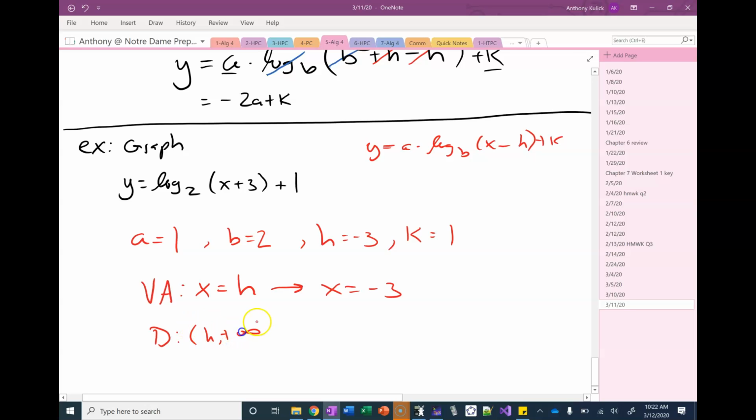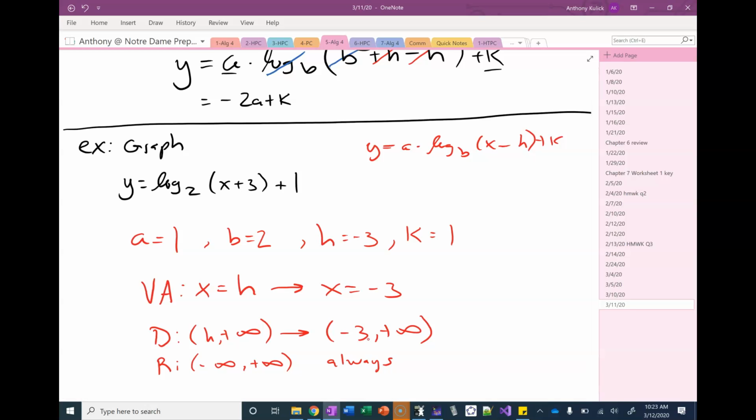Remember, the domain is h to ∞. So that's -3 to ∞. And what's the range in this situation? It's always -∞ to ∞. Everybody's okay there?